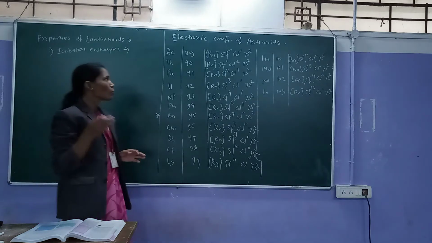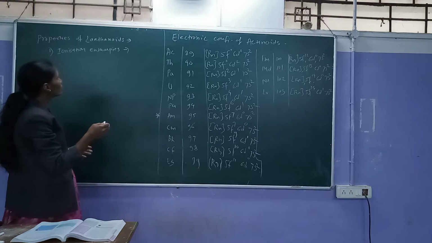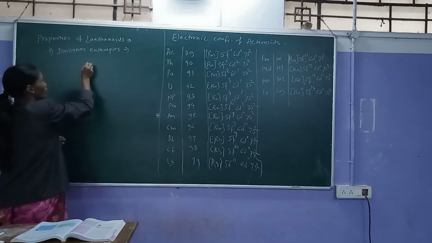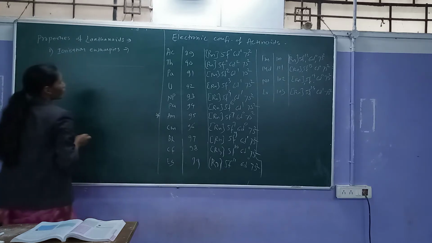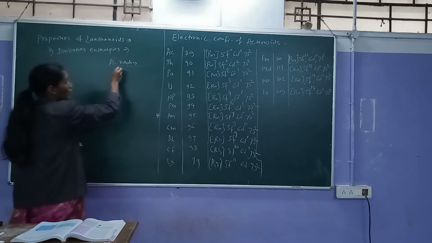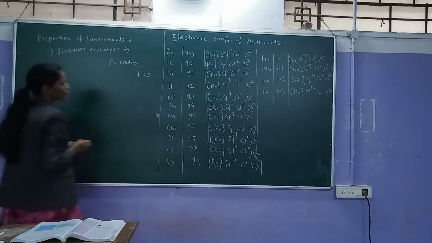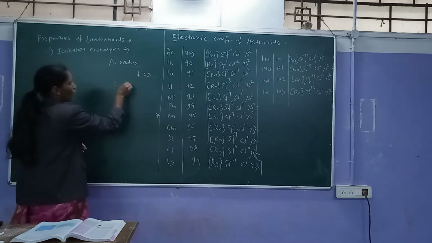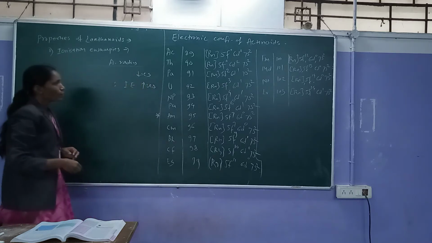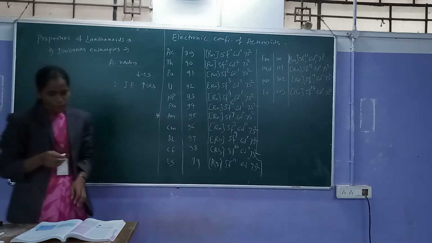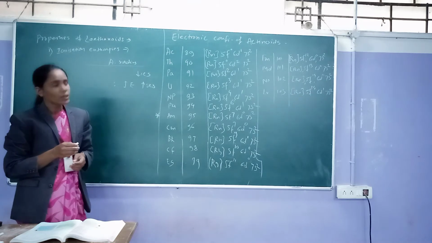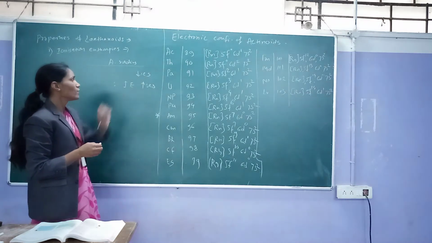Ionization enthalpy follows the opposite trend to atomic radius. Atomic radius of the lanthanoids decreases along the period, therefore the ionization enthalpies increase, from lanthanum to lutetium.